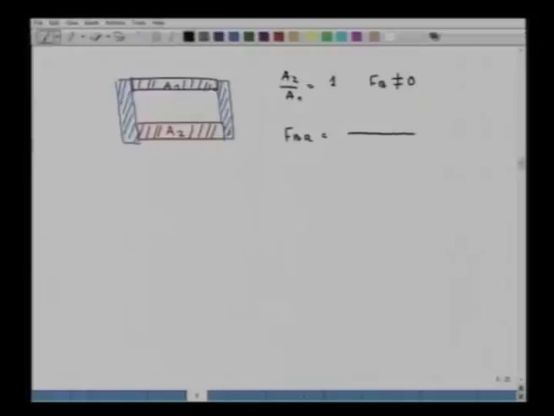So, if FB is not equal to 0, then we can calculate FBR, which will be equal to (1 minus FB square) upon (2 minus 2 FB). I have to substitute the value of A2 by A1. If I solve this, it becomes (1 minus FB) into (1 plus FB) upon 2 into (1 minus FB).